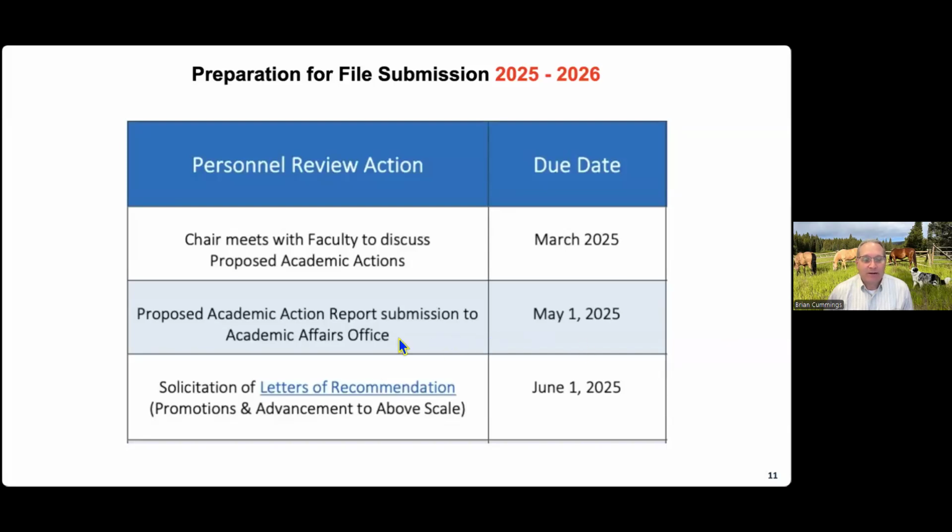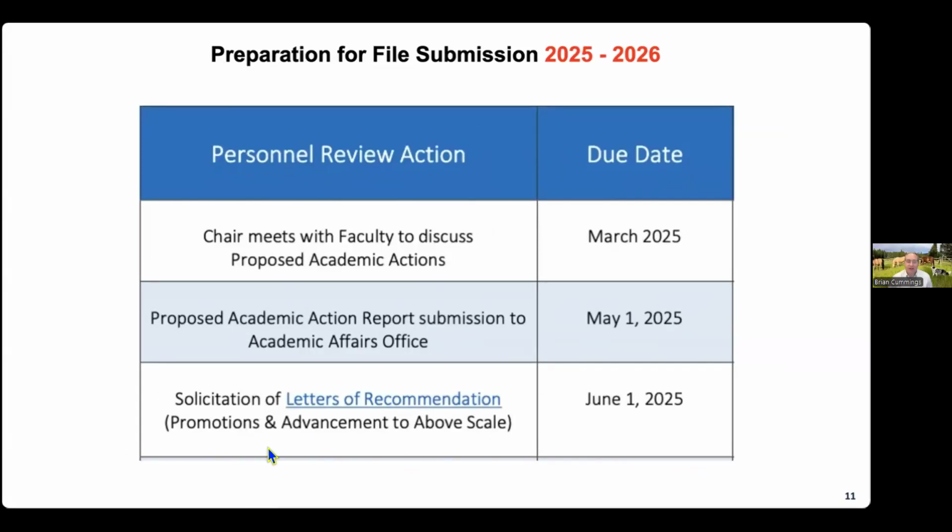Then a list of proposed actions should be submitted to the Academic Affairs Office by May 1st. And if necessary for promotions or advancement above scale, the solicitation of letters of recommendation has to be sent out by June 1st. Now, you as the faculty member, you're not involved in sending out the solicitation letters.